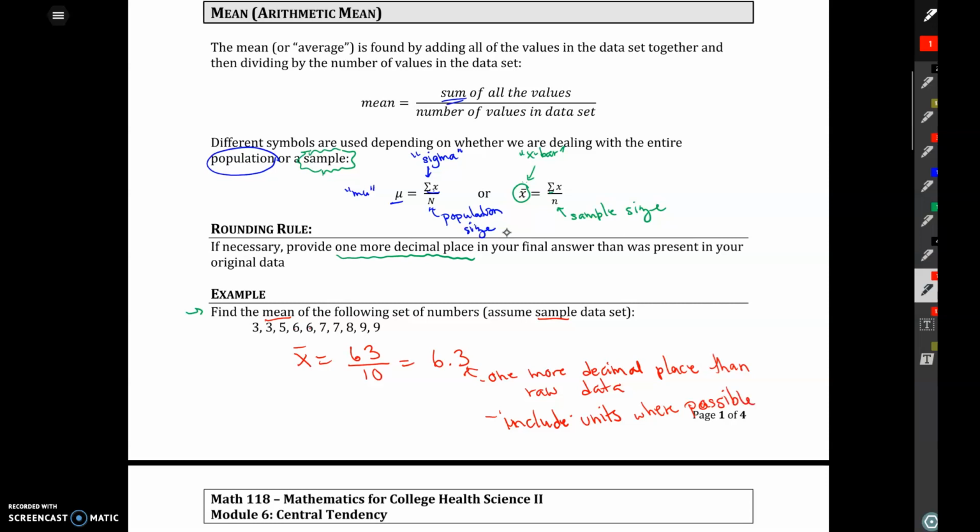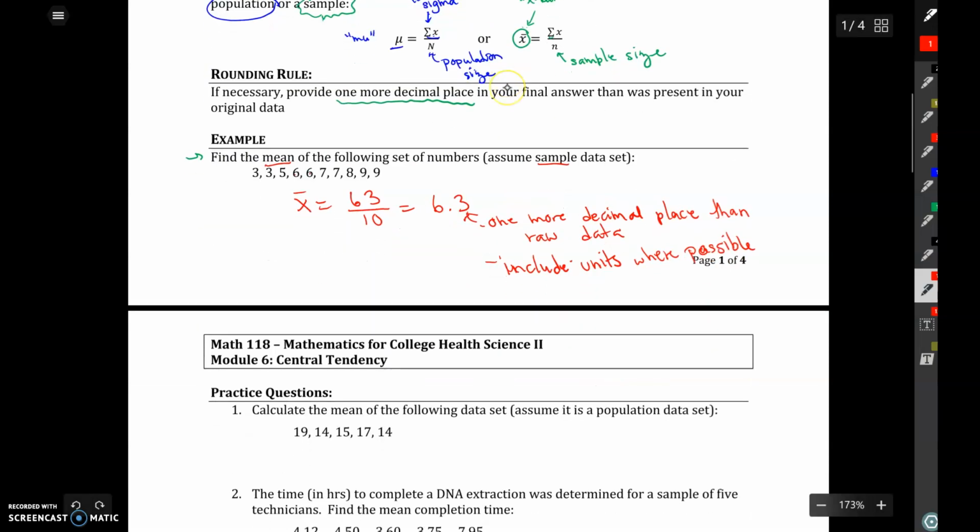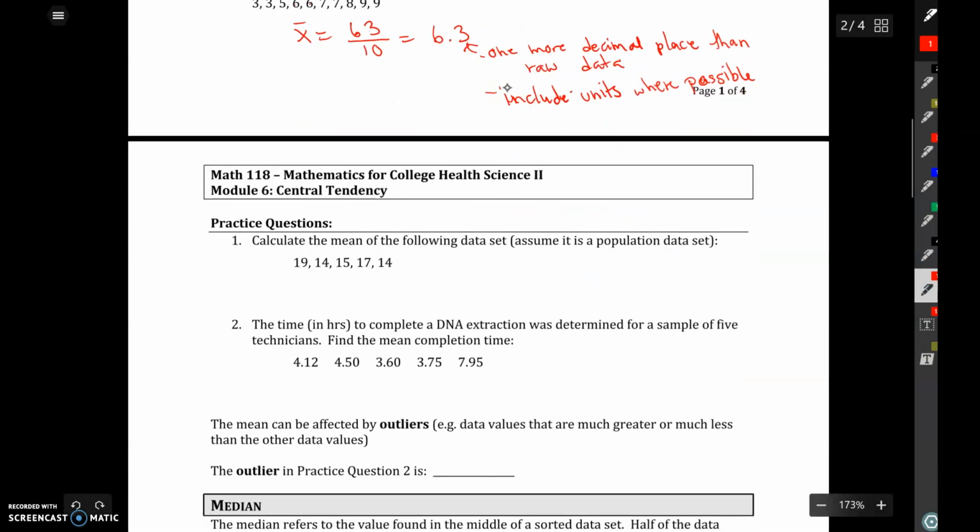So if it was length measurements in centimeters, then the mean would be reported in centimeters as well. Excellent. So our mean calculations are fairly straightforward. There are two more practice questions here. Give them a try. Pay attention to whether they're sample or population data sets. Pause the video, do the calculation, and then check your answers.